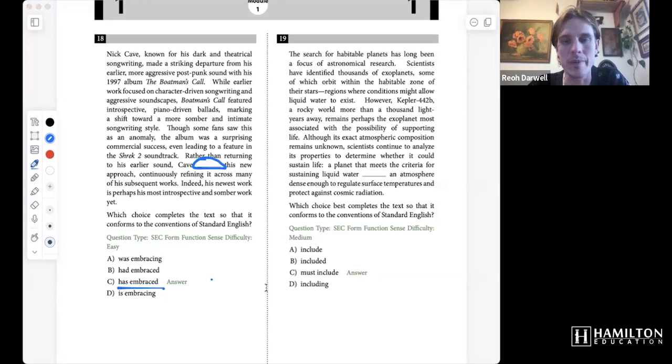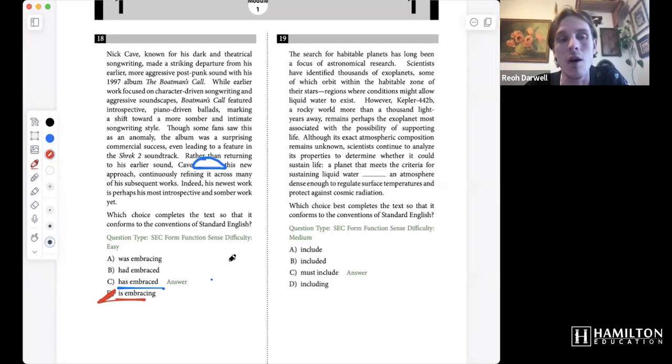Okay, so let's talk about what the correct answer choice is here. Has embraced. This is what we call our present perfect tense. It means it's something that began in the past, but is continuing to this day. So I want to show why an answer choice like D is incorrect. Is embracing is something that's going on currently, right? You could have just said embraces, right? Is embracing means that it's going on right now with no necessary referent to the past.